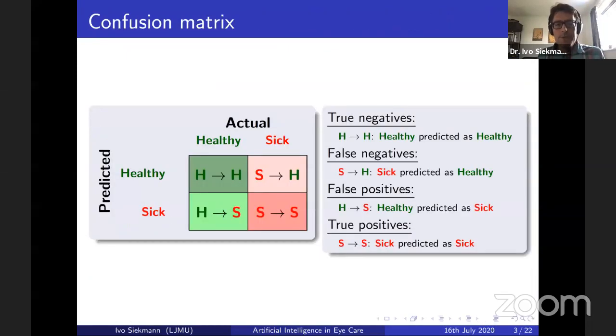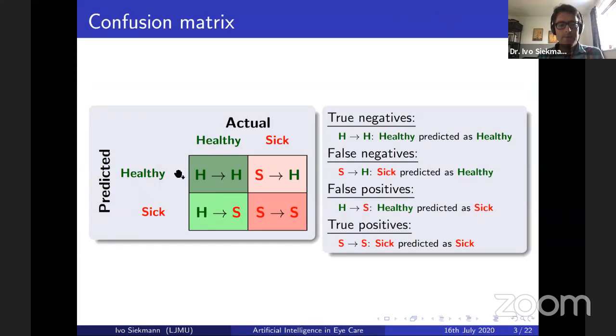To look at how many cases we got right and how many cases we got wrong, we usually represent this in a structured way. We use the so-called confusion matrix, and this is what a confusion matrix looks like. We have the predicted cases in our rows and the actual, true cases in our columns.